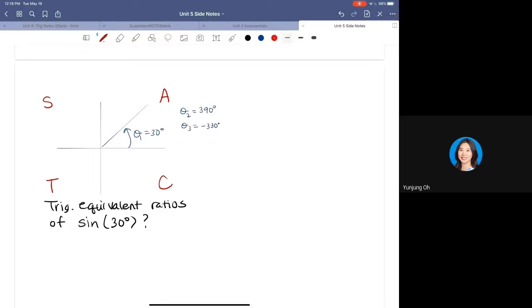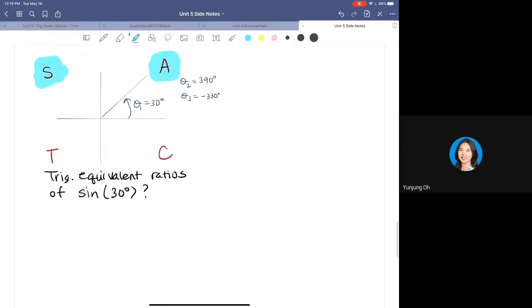So sine 30 is positive over here and over here. Sine 30 degrees is equal to, and just to double check, I should be getting 0.5 as my value. My related acute angle in this case is 30 degrees.